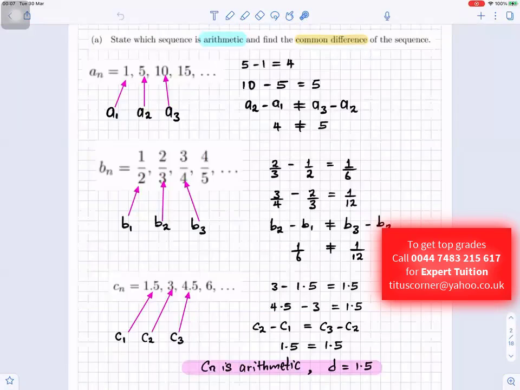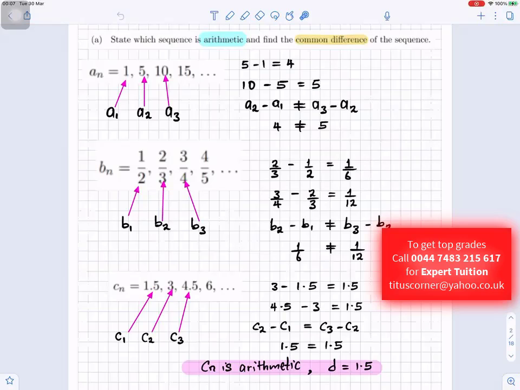Let's go to BN. So a half is B1, 2 over 3 is B2, 3 over 4 is B3. So what we do now is 2 over 3 minus 1 over 2, second term minus first term. It gives you 1 over 6.